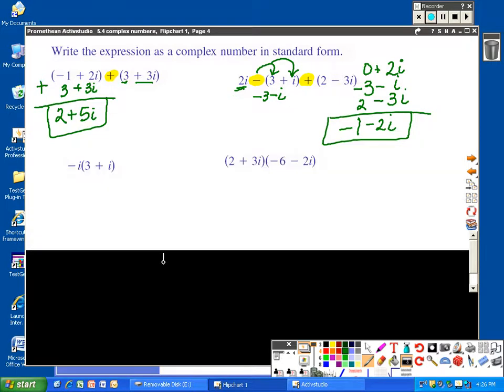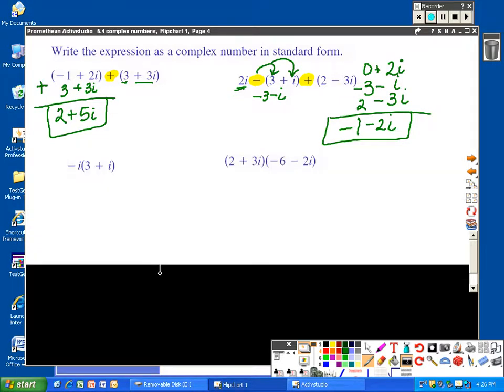Let's try multiplying. A negative i times the quantity 3 plus i. So we would take negative i times 3 is negative 3i. And negative i times i is a negative i squared.